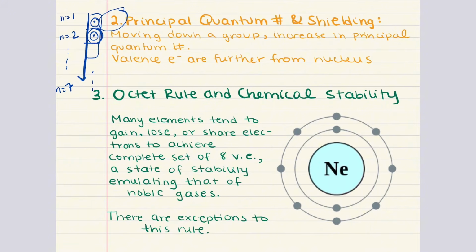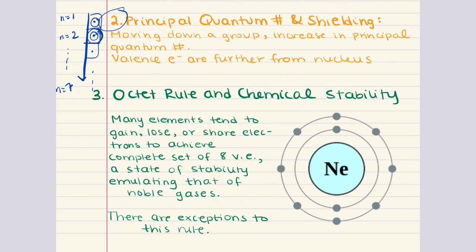And so that means the outermost electrons are further away from the nucleus as you go down a group, and that increases the distance between the nucleus and the valence electrons, and it provides more shielding. Now, while the nuclear charge increases down a group due to more protons, the effective nuclear charge that's actually felt by the valence electrons remains relatively constant because of this shielding effect.